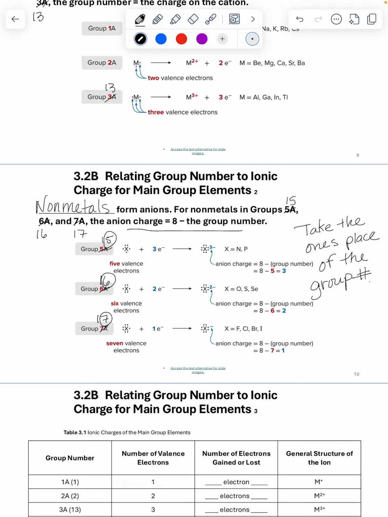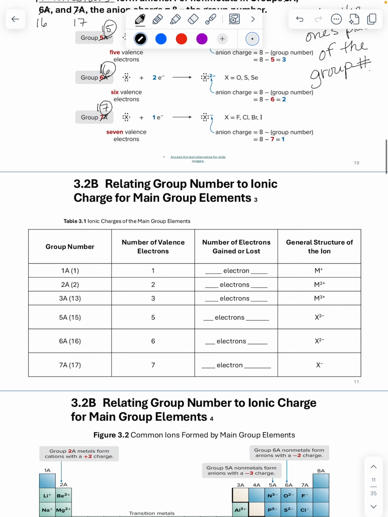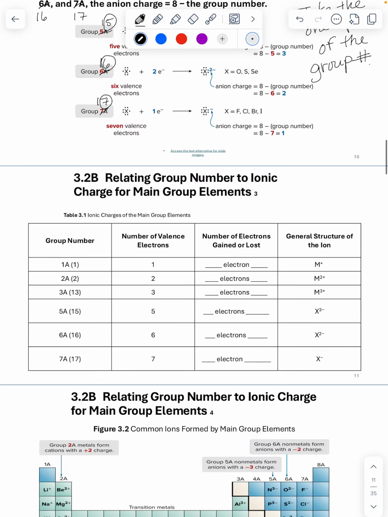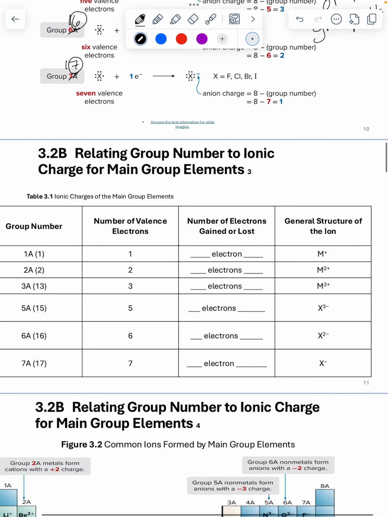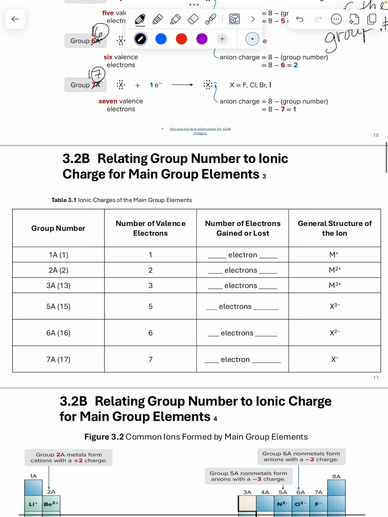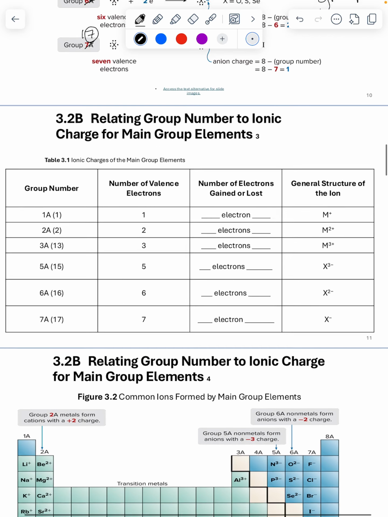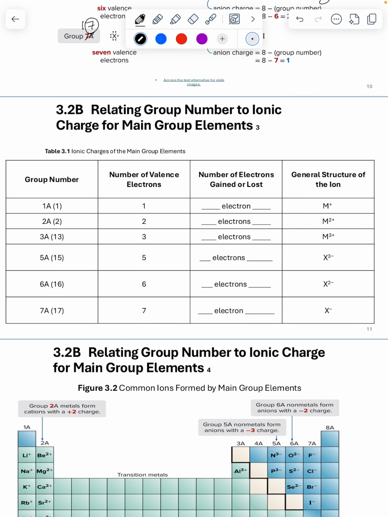All right, we have a chart here for the main group elements. Remember, we have main group elements and then we have transition elements, and the transition elements typically don't follow the same rules that we're learning. So there is a distinction between the main group elements and the transition elements. Here you see the group number.